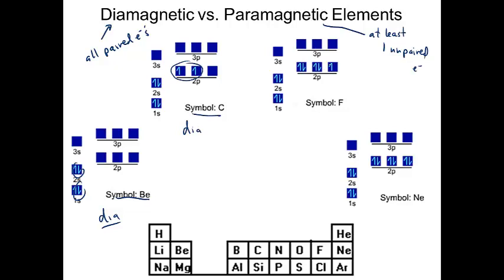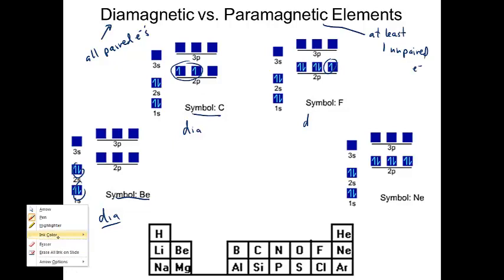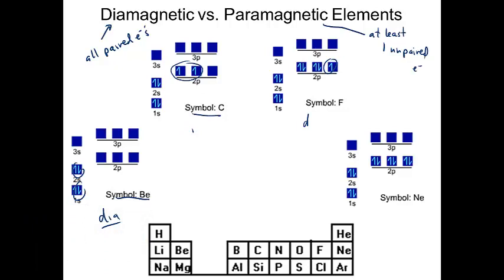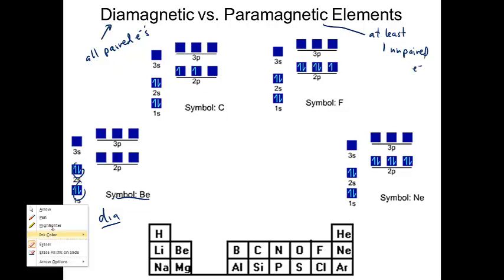If we look at carbon, it has 2 unpaired electrons, so it's paramagnetic. I'm sorry, I said that wrong earlier.